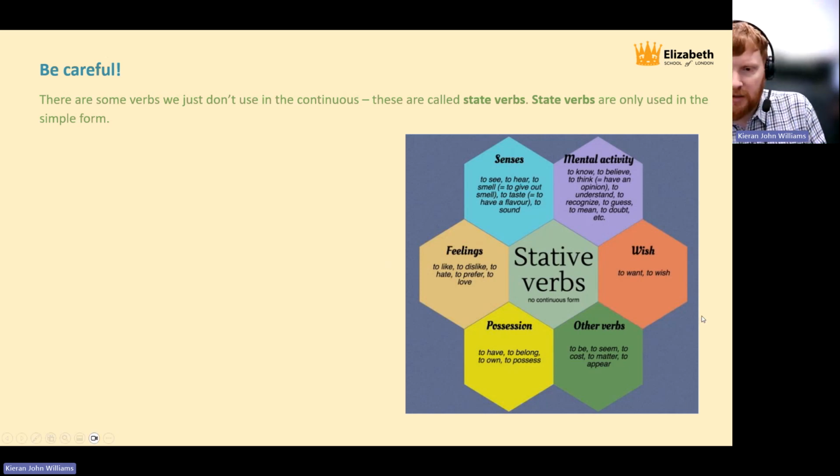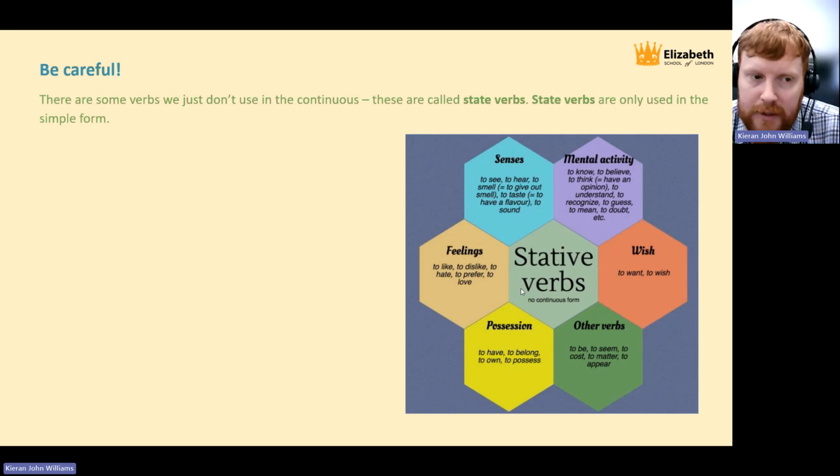They are usually connected to things like senses, feelings, things where there isn't an obvious action that we can see. If you have a look here on the right, to see, to hear, to smell, to like, dislike, hate, prefer, to know, to think, to understand. There is no obvious visual evidence that the action is taking place. So in that situation, it is a state.